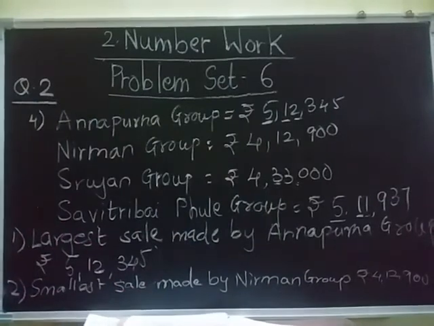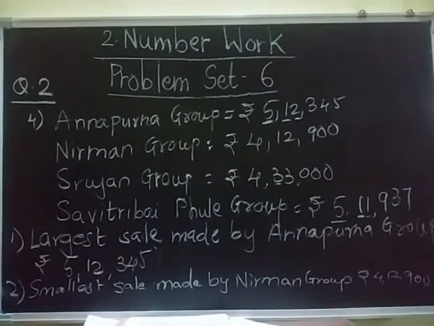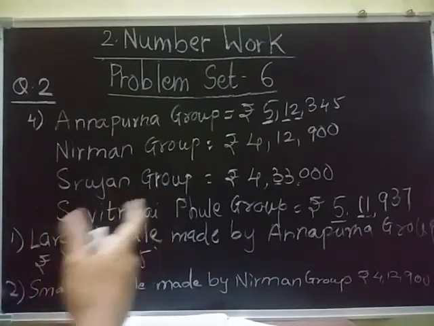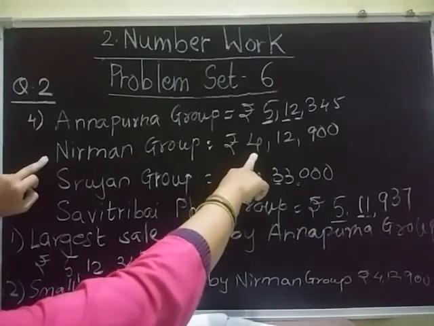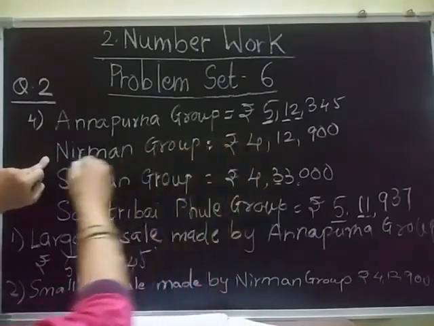And the third question is: write the sales figures in ascending order. What is the ascending order? Ascending means from small to greater. So we will first arrange it. So what is the smallest? We know this is the smallest.